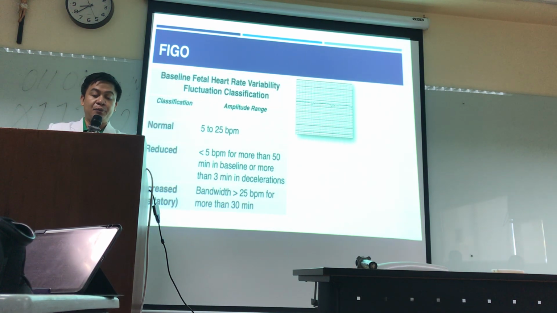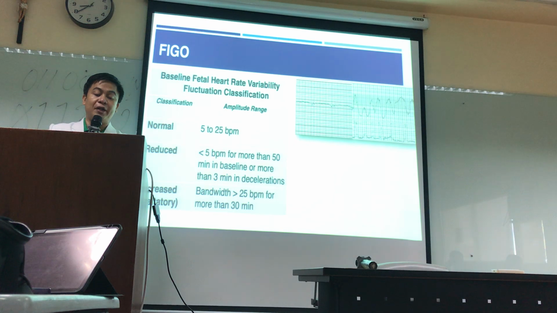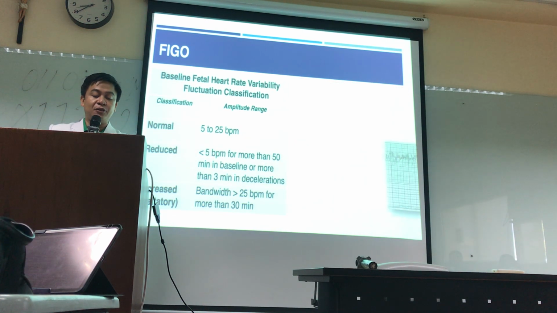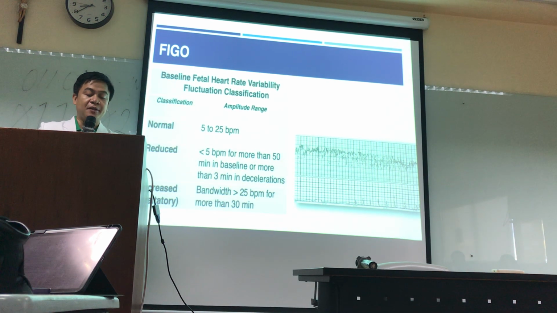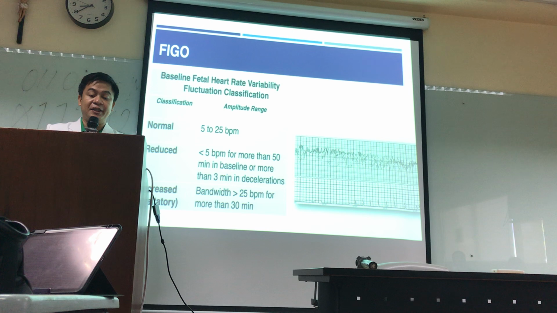Normal is when you have 5 to 25 beats per minute variability. Reduced if there is less than 5 beats per minute for more than 50 minutes in baseline or more than 3 minutes in decelerations. And increased or saltatory if the bandwidth is greater than 25 beats per minute for more than 30 minutes.